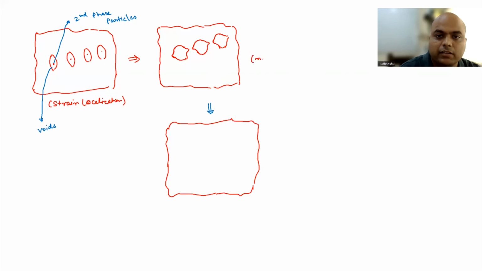So here you have necking and then growth also. Right? So if you now merge these voids in the second diagram, these are going to merge, like rupture, and so on on this side also.